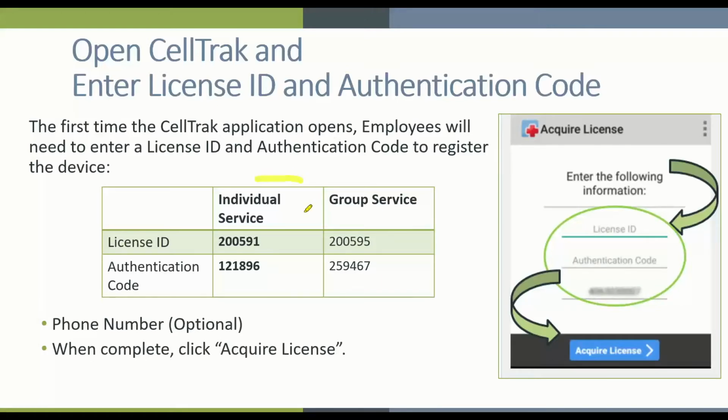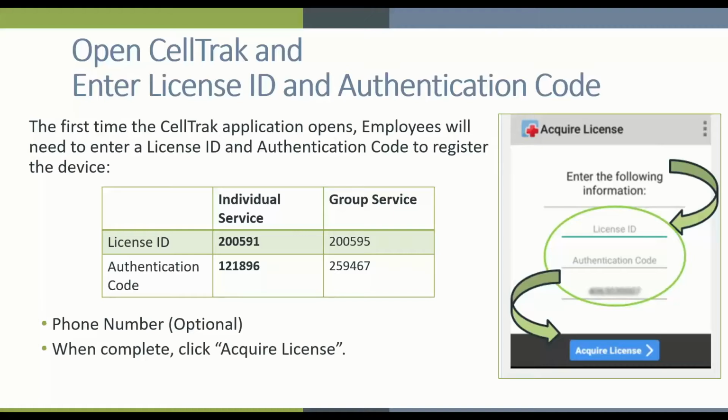You're going to use the individual service license ID and authentication code. The individual service license ID is 200591. And the individual service authentication code is 121896.